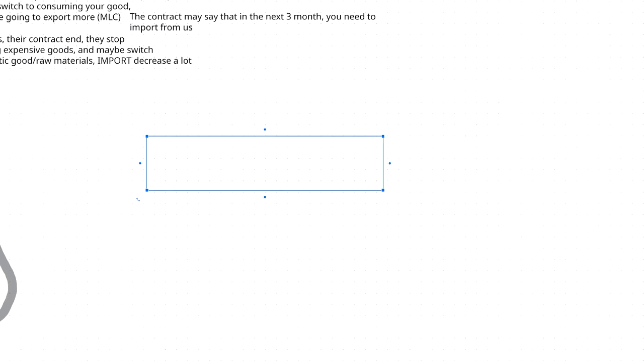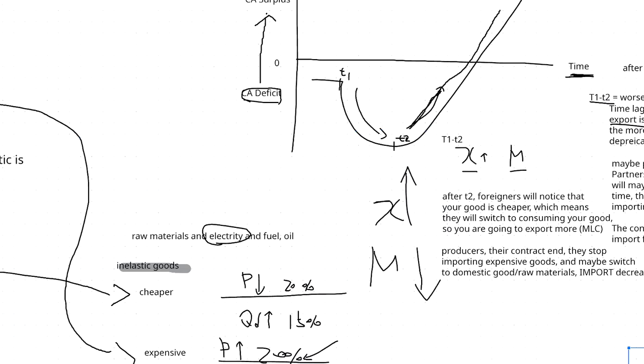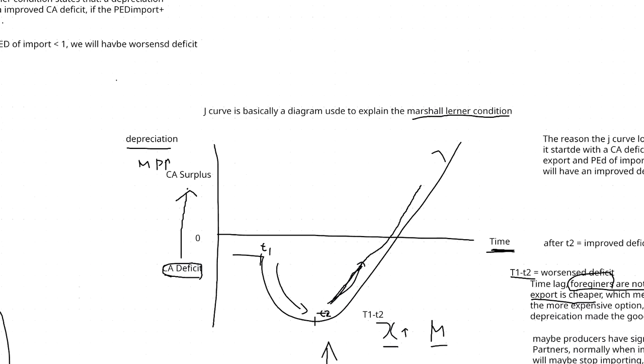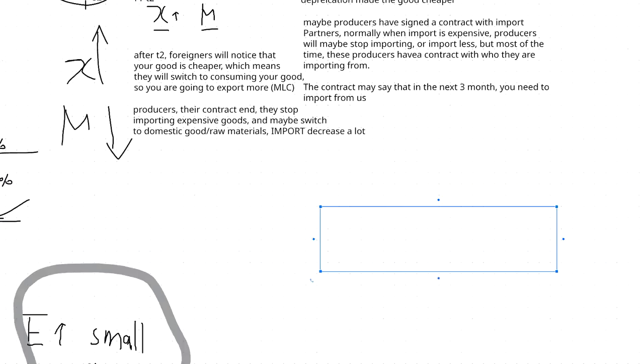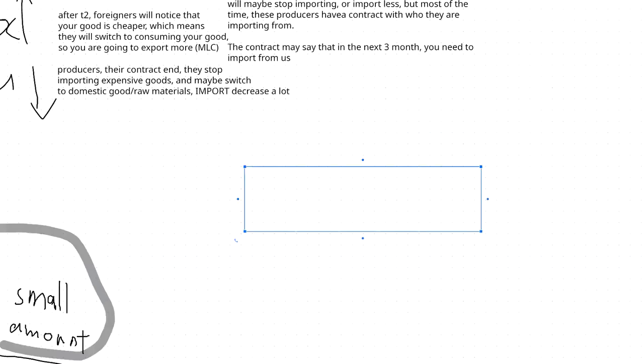So to strengthen your understanding, draw the J curve that we just drew. Draw this J curve around 10 times. Make sure you remember to label T1, T2, this is time, and then CA deficit, CA surplus. Draw repeatedly, make sure you remember it.